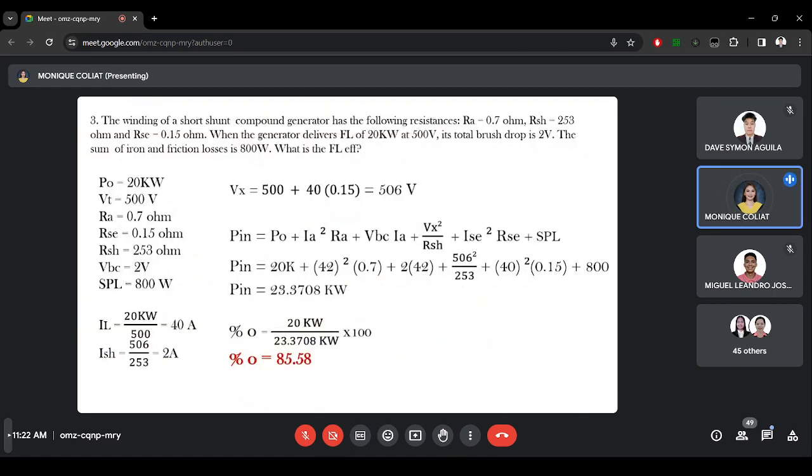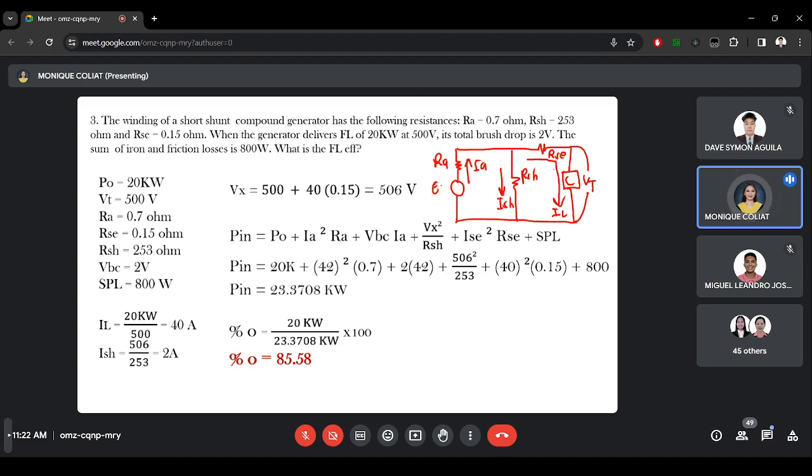The winding of a short shunt compound generator has the following resistances: RA is 0.7 ohm, RSE is 0.15 ohm, and RSH is 253 ohms. When the generator delivers a full load of 20 kilowatts at 500 volts, that is your PO and VT.